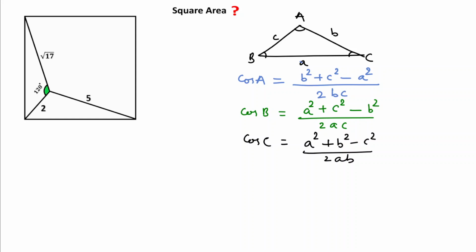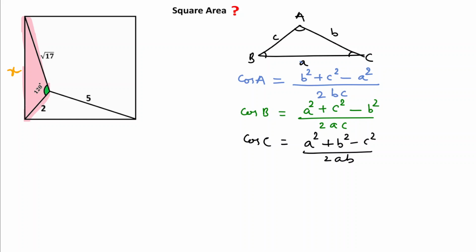Now for this triangle, we know these two side lengths. So if we consider this side length as x, then using the cosine rule we can find the value of x.